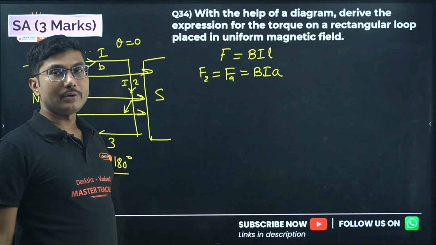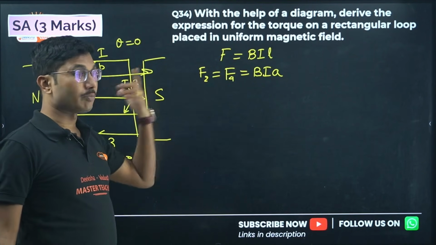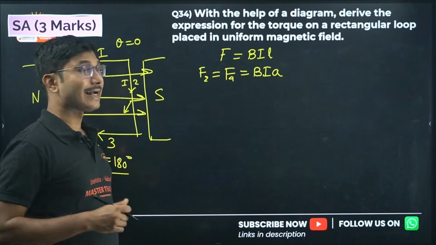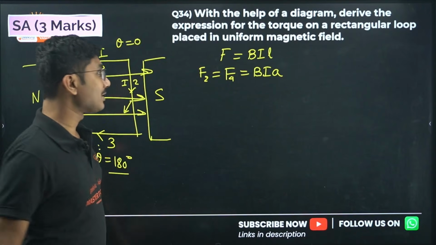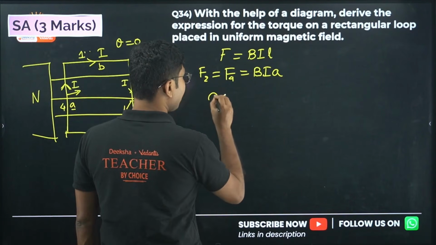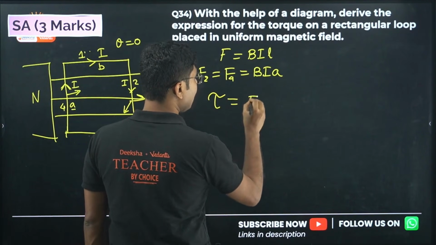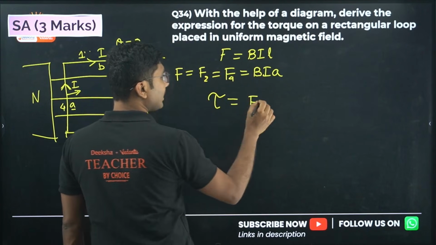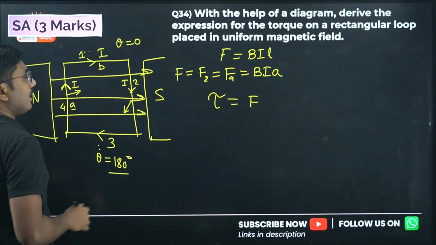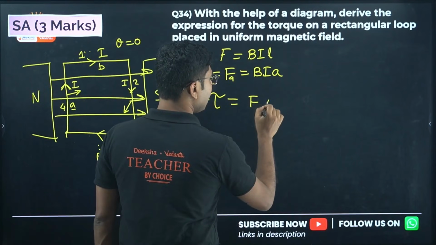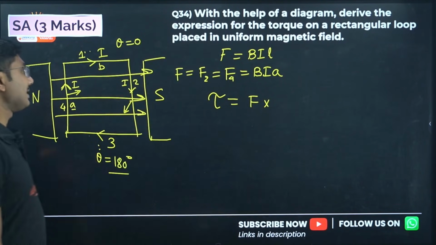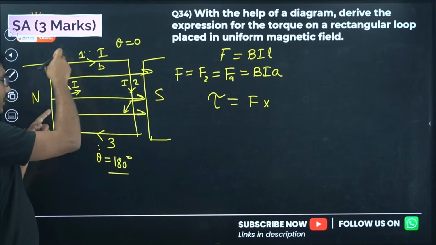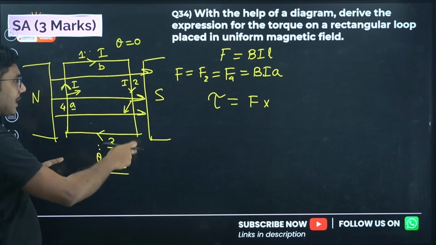Now what will be the torque? When two equal and opposite forces act on a system at different points, the system experiences a torque. So what is the value of the torque? The value of the torque is any one of these forces, F, times the distance between the forces. What is the distance between these two forces? This force is acting along this line, and this force is acting along this line.